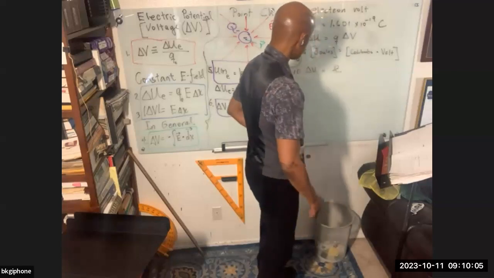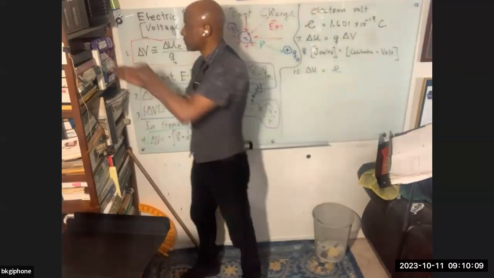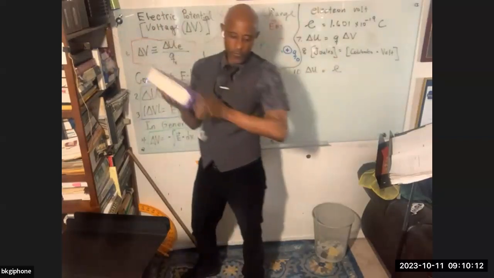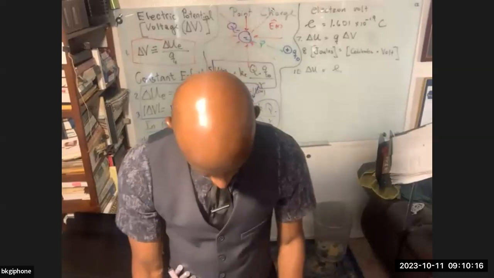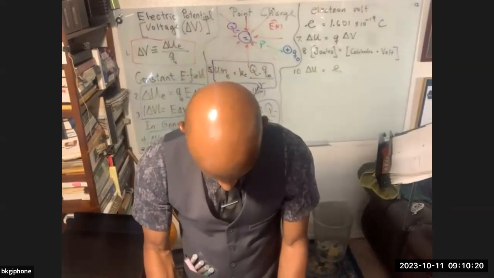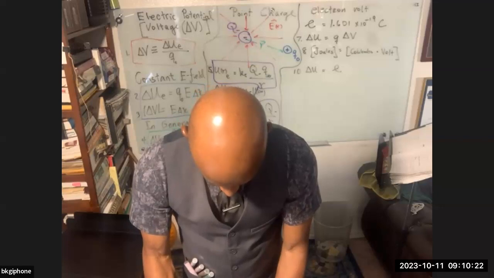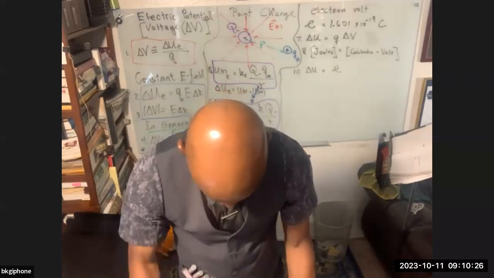Actually, let me say that a little bit differently. Qualitatively, there's some very specific language that's used to define electron volt. I want to use that language and I forgot what it is, so let me do that as I write down this definition.